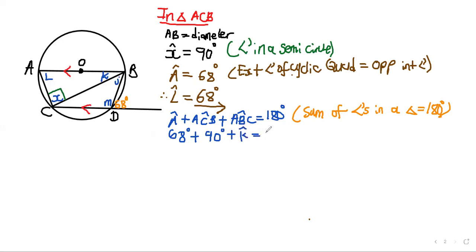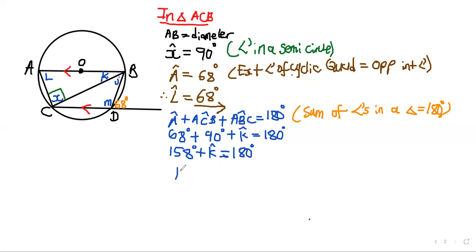Then equals to 180 degrees. So on this step, we are solving simply for k. Then let's add 68 plus 90. 68 plus 90 equals 158. So you're going to say 158 degrees plus angle k equals 180 degrees.